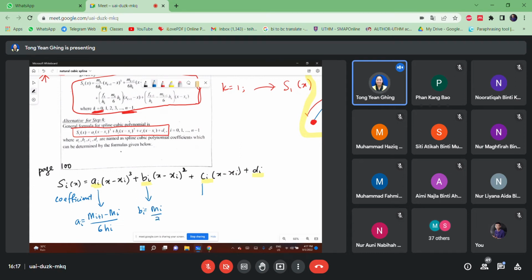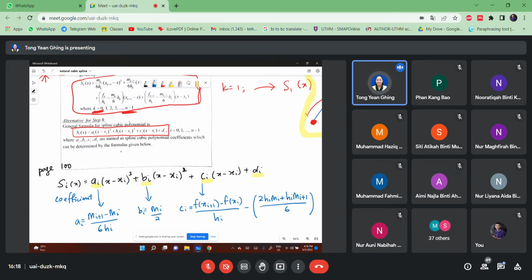And then Ci, the formula is (f(x(i+1)) minus f(xi)) divided by hi, minus (2hi mi plus hi m(i+1)) divided by 6.